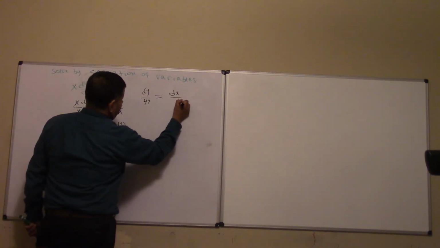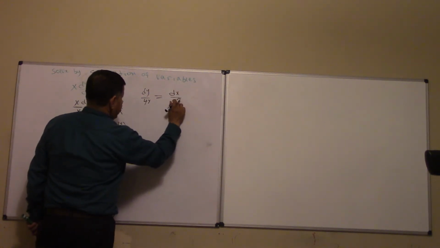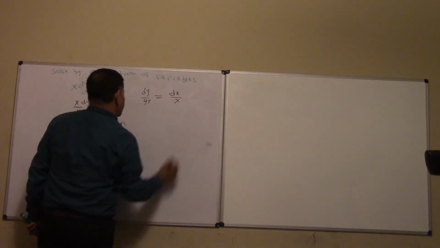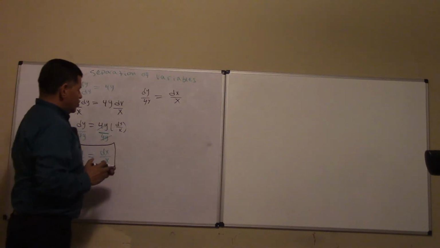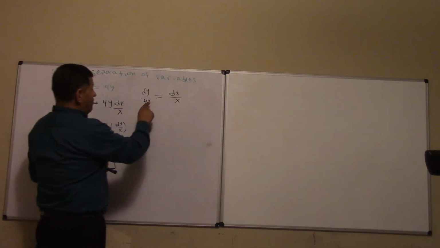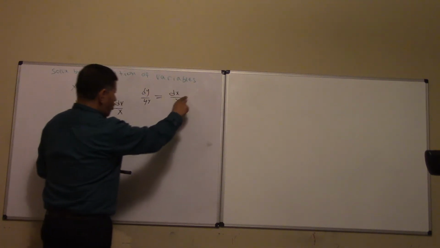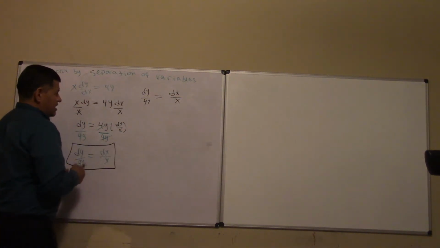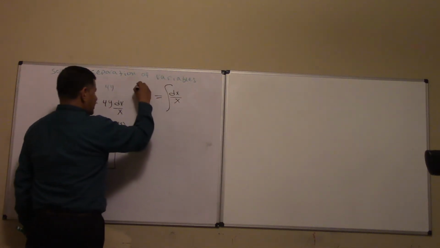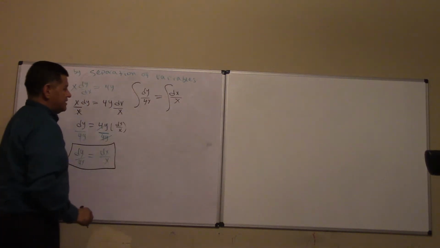So here I got dy over 4y is equal to dx over x, right? Now what I can do is integrate on both sides, right? That is the next step.